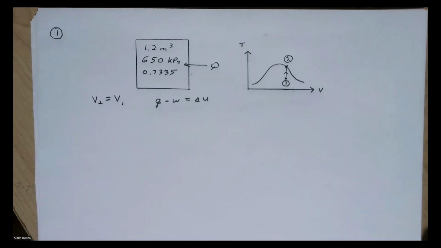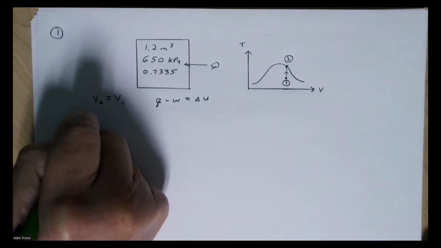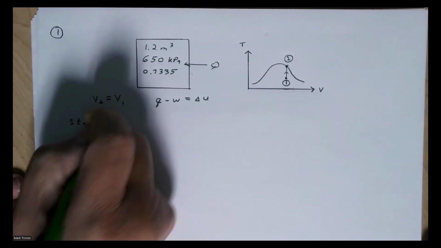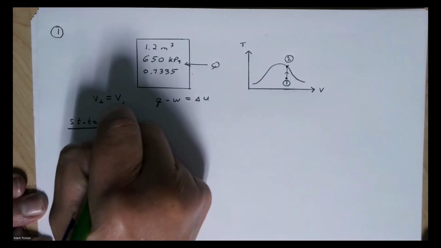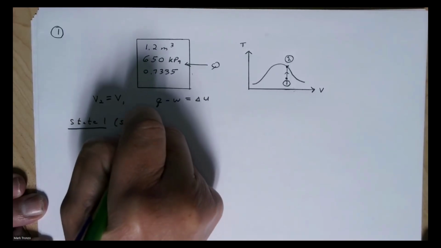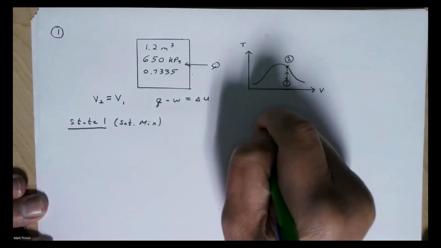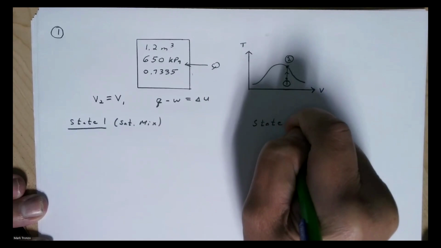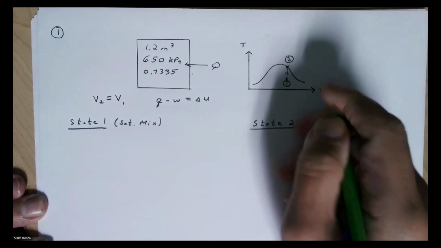So keep that in mind. And so we want to maybe write down our states. So it's state one. Again, we know we have a saturated mixture. And state two, we know we're going to be here, saturated vapor.